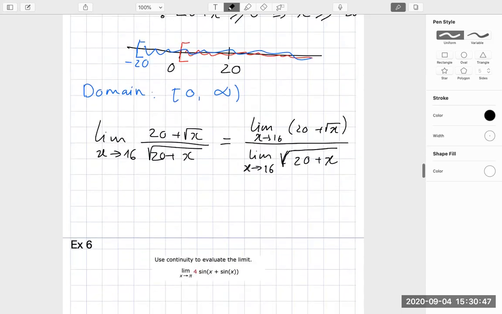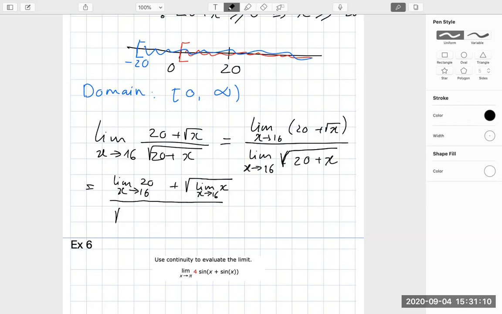And we see that at this point, we can write the limit of 20 when x approaches 16 plus the limit of the square root, which will be the square root of the limit when x approaches 16.